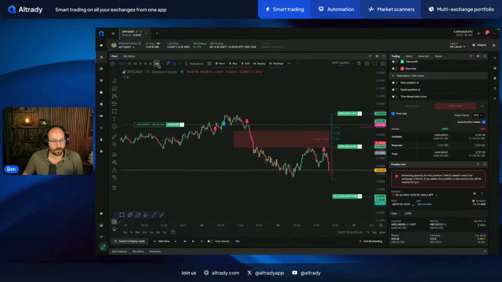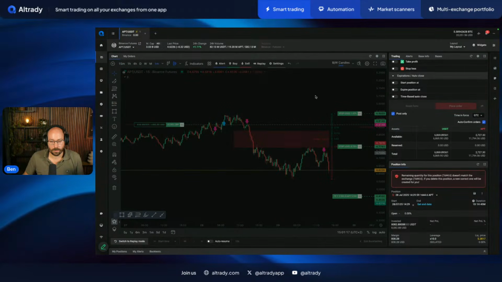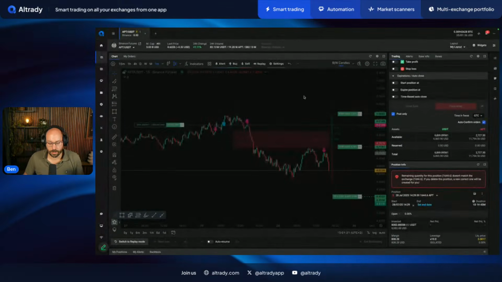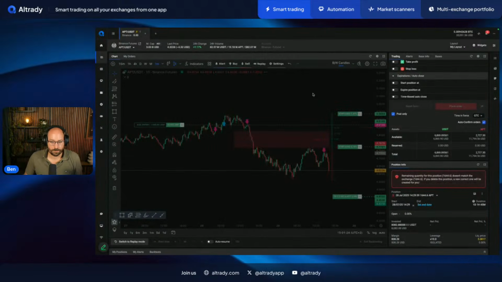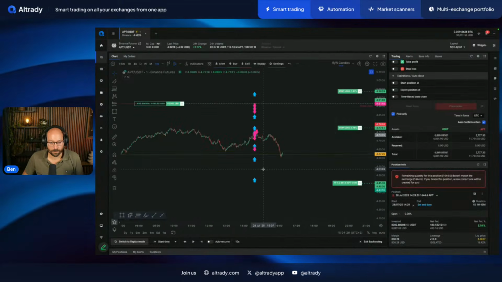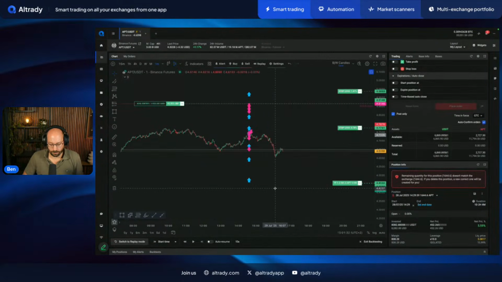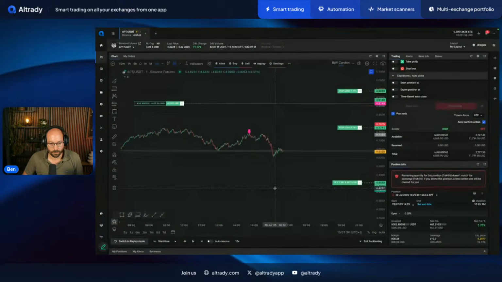So if we now switch to, let's say, the 1 minute, can we still do that? Yeah. And you can disable and enable the arrows. Yeah, should fix it.